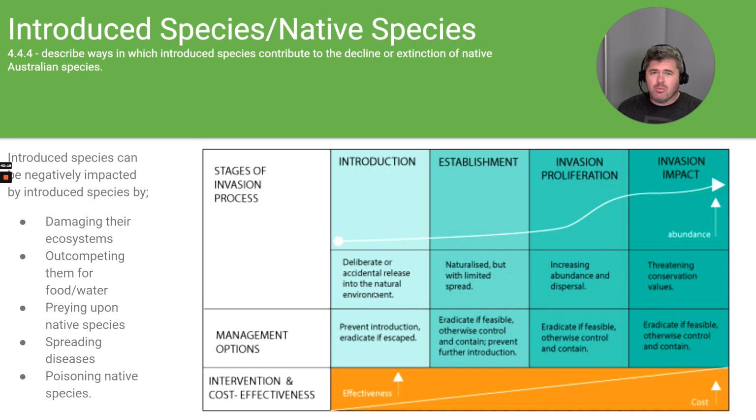The many examples that we talked about in this video are perfect for that. Whether it's destroying native grasses, being able to outbreed them, consuming native species, spreading diseases that were introduced, or just by their nature being so toxic they can't be eaten. This table is a very good show of how we go from being just introduced to becoming a major problem.